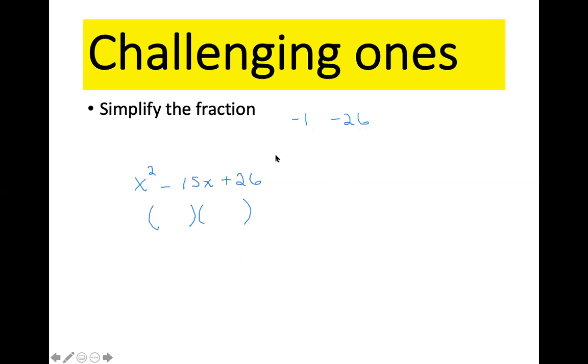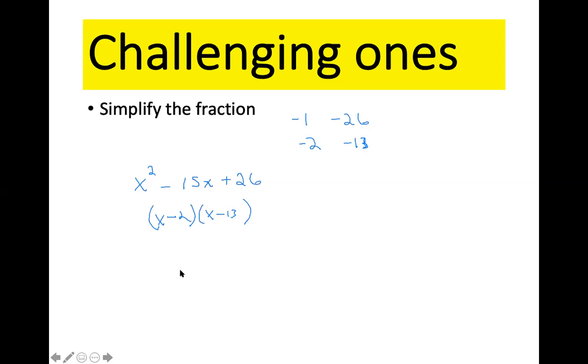So negative times a negative is a positive. That doesn't add up to negative 15. Then it's got to be negative 2 and negative 13. Those two multiplied together are positive 26, and they do add up to negative 15. So x minus 2, x minus 13.